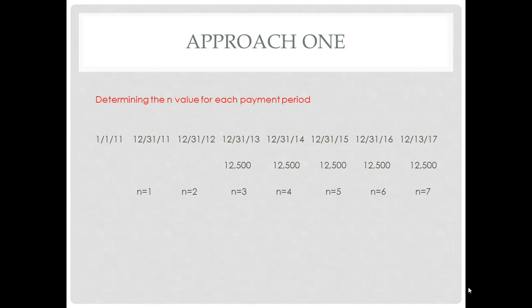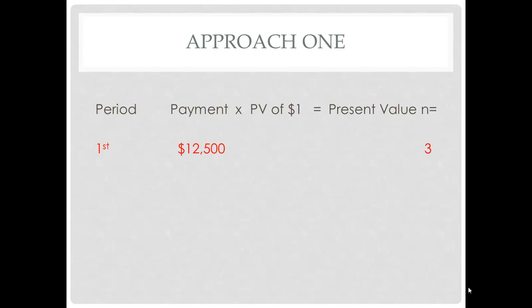Approach 1. Determining the N value for each payment period. As you see, in 2013 was the very first payment of $12,500, and there are no payments for 2011 and 2012. The first payment is $12,500, and it is on the third year.